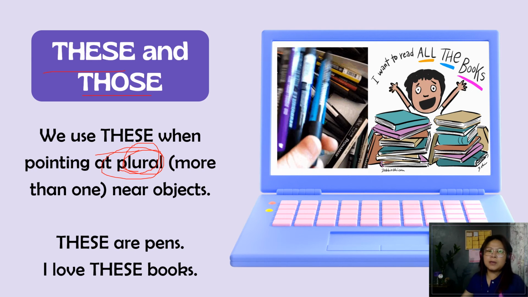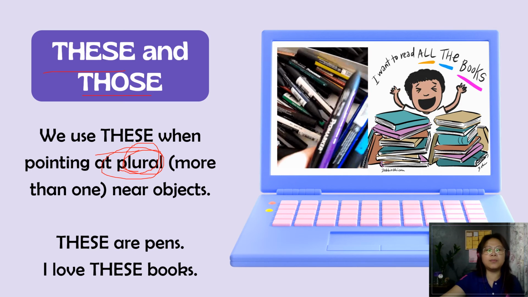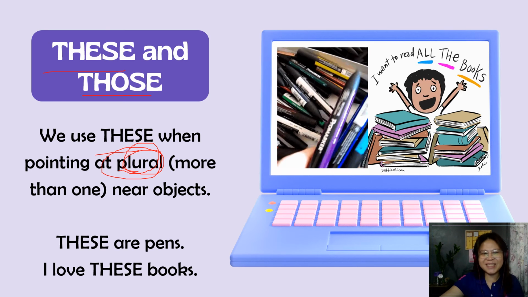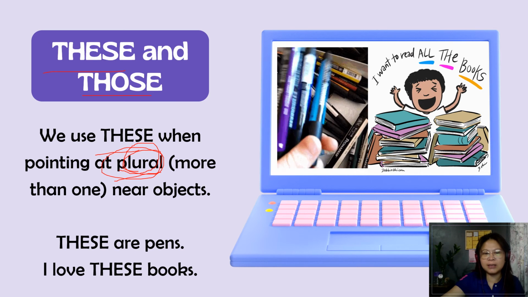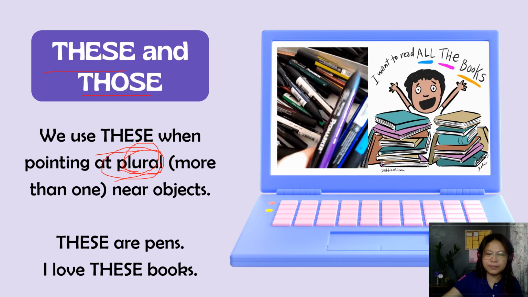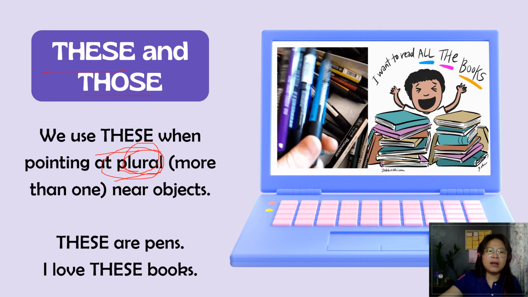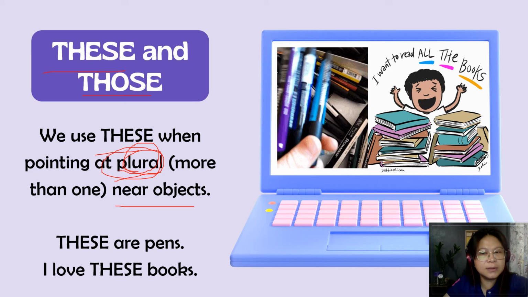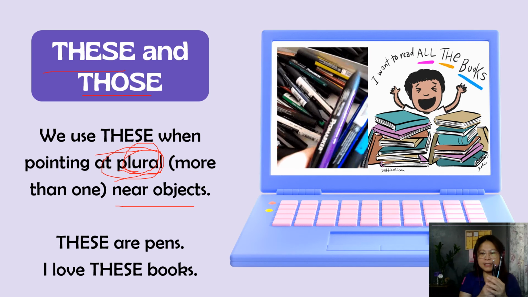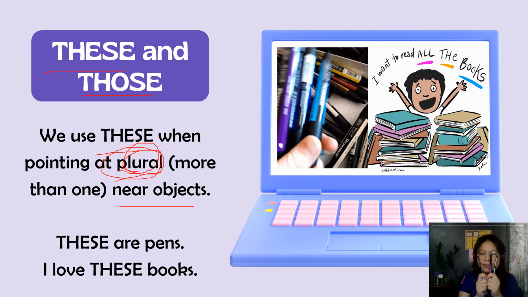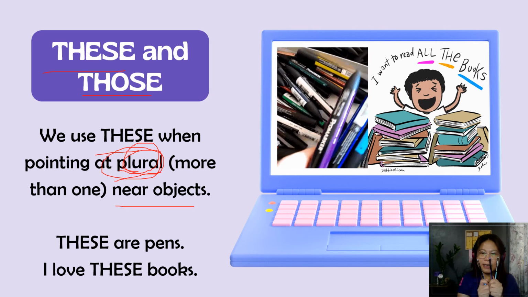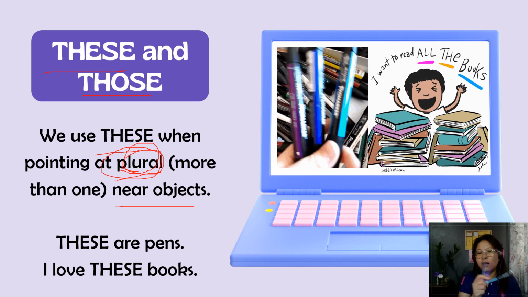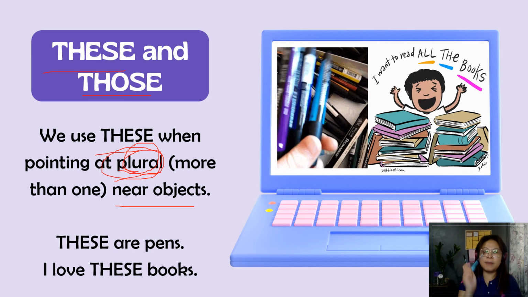We use these when pointing at plural, more than one, near objects. So for example, we have: these are pens. There are more than one pen.